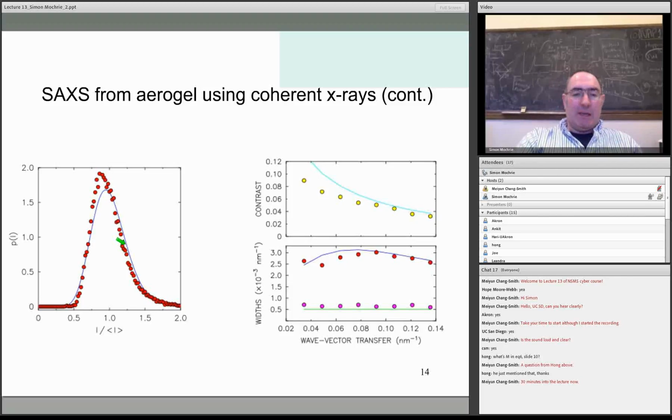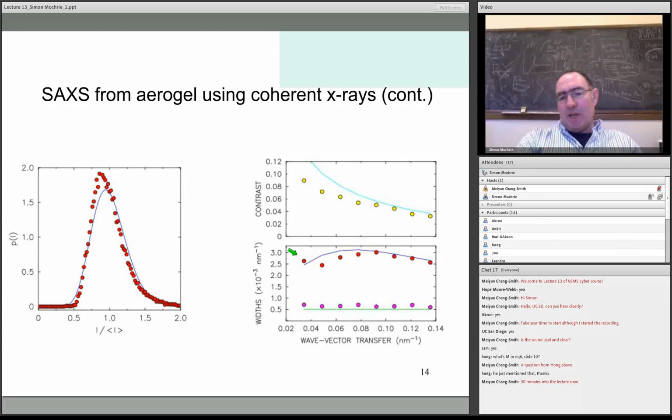And the line here is a theoretical expectation based on the beamline configuration. You can also calculate what you expect for the speckle contrast, that beta that I mentioned before. That's more or less what you expect for the beamline configuration.